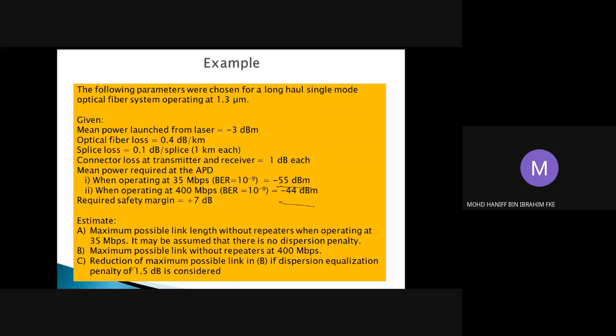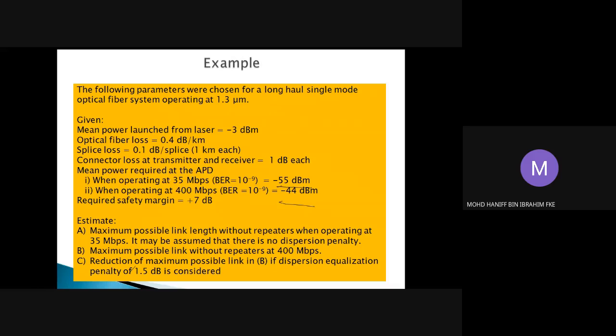Okay, never mind. So we do it one by one. We do for the first one, in which what should be the maximum length if the system is operating at 35 megabit per second, in which the receiver sensitivity is -55 dBm.